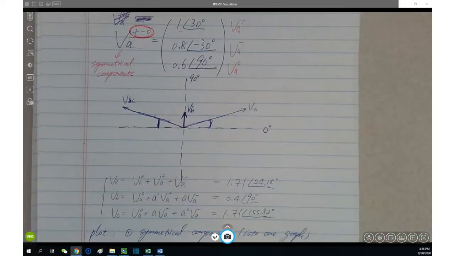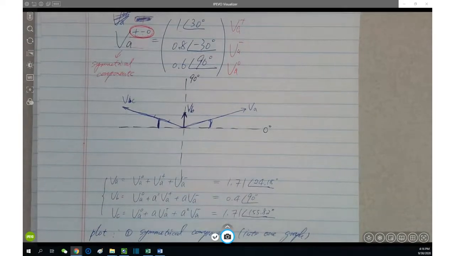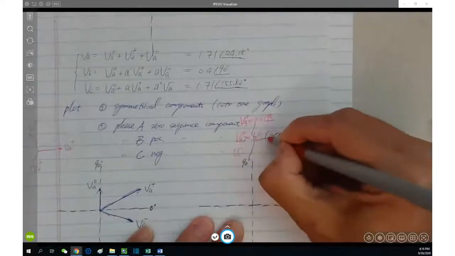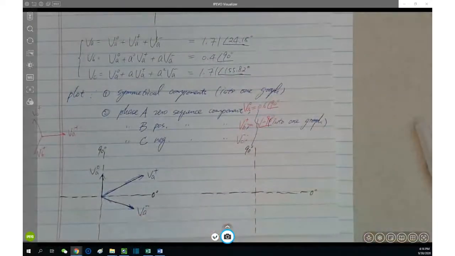Phase angle of what? Minus 120, right? From 30 degree minus 120. Negative 90 degree. Does it make some sense? This is the easiest way.